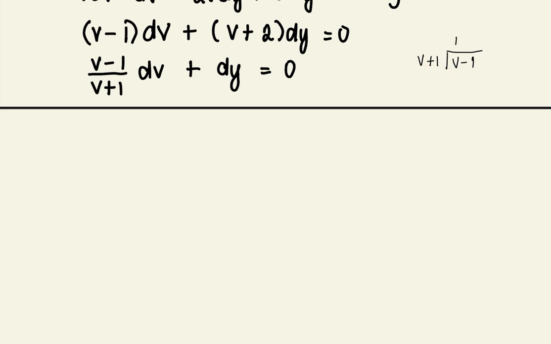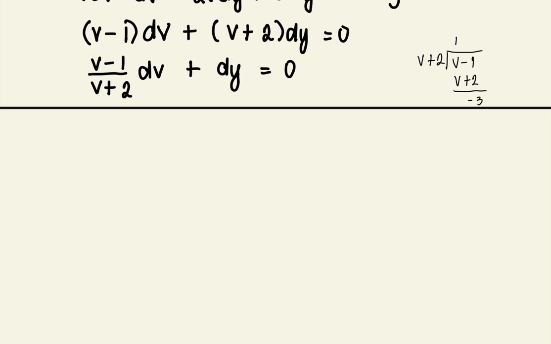So v divided by v is 1. Then 1 times v plus 2 is v plus 2, so minus 1 minus 2 gives negative 3.